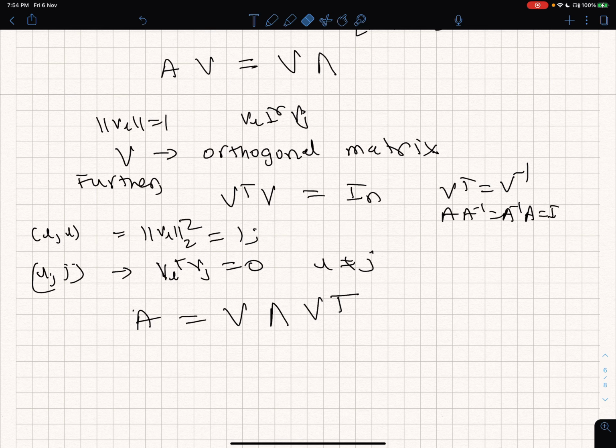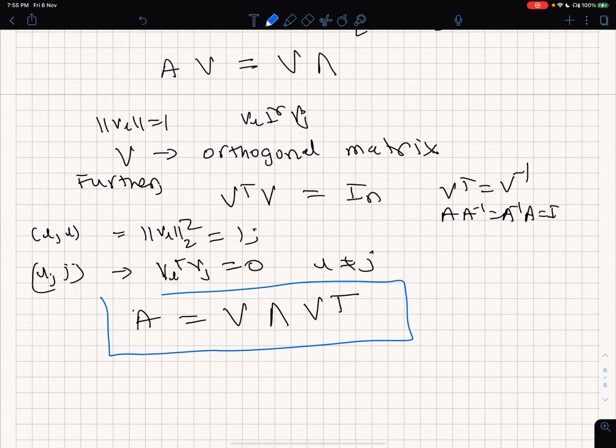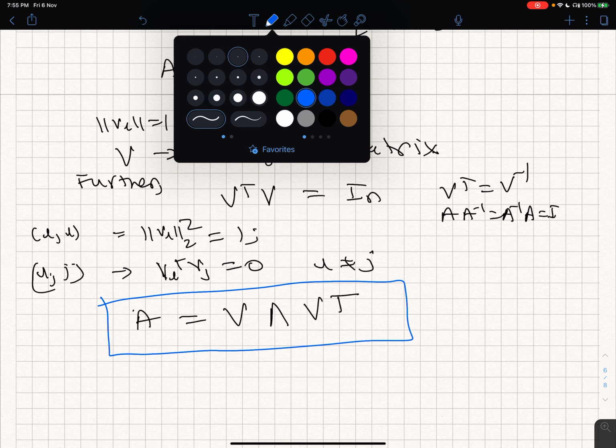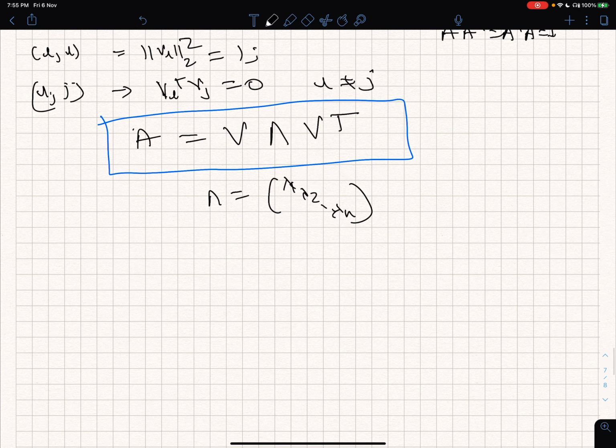The eigenvalue decomposition is also sometimes called the spectral decomposition, which is that A is equal to V sigma V transpose, where this lambda is nothing but the diagonal matrix of eigenvalues, and V is an orthogonal matrix.